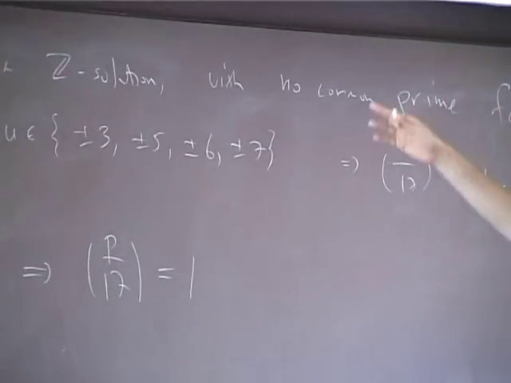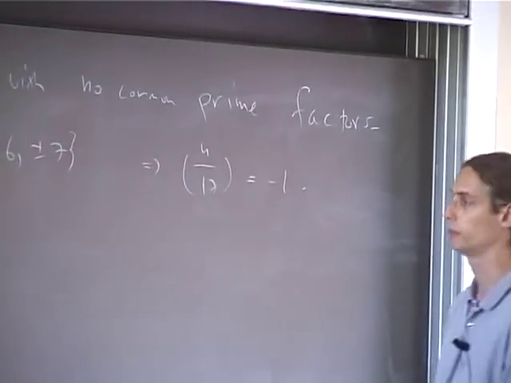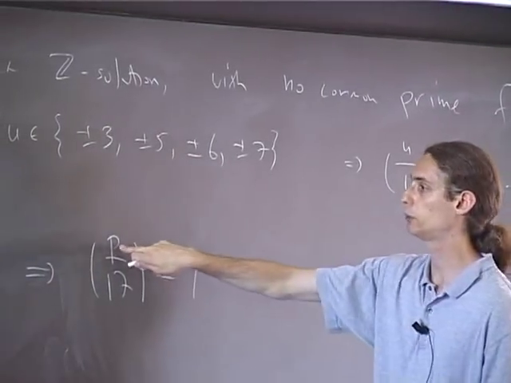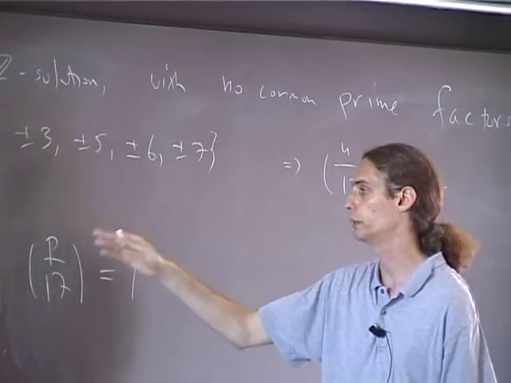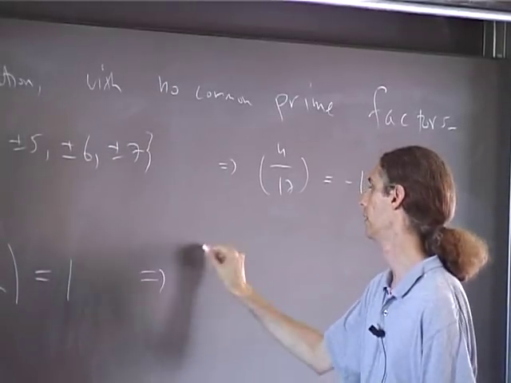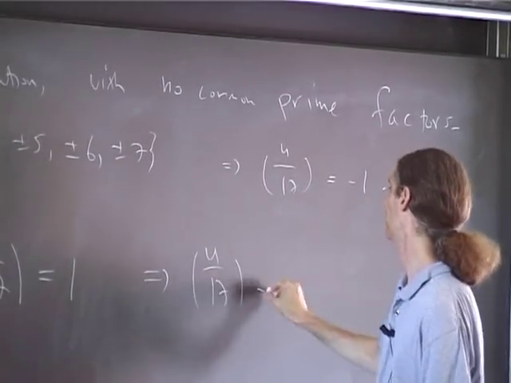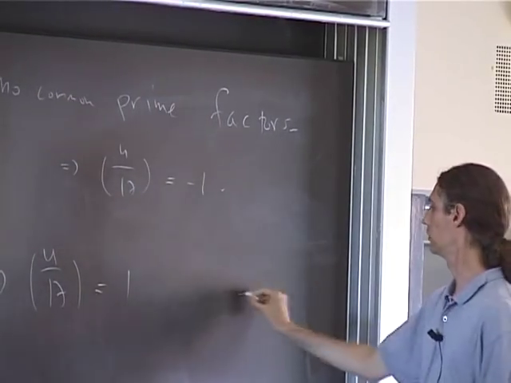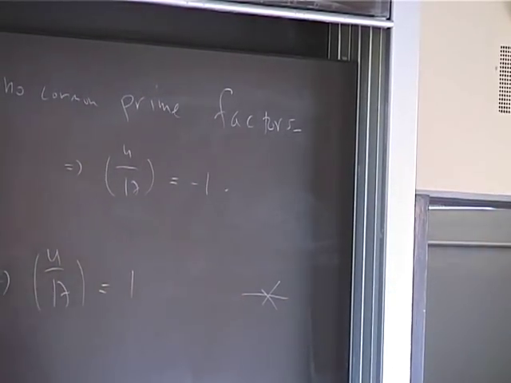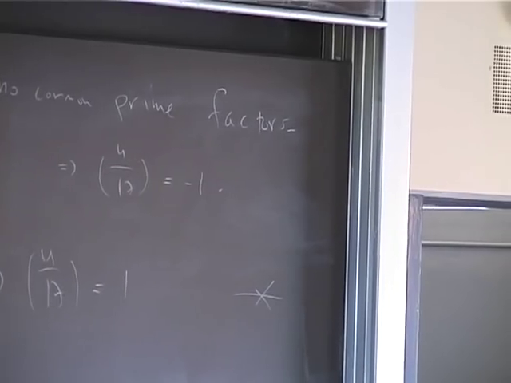Well, minus 1 and 2 are quadratic residues mod 17, so they don't contribute. And every prime divisor of u is a quadratic residue mod 17. So u itself must be a quadratic residue mod 17, which is just a contradiction to what we deduced previously.